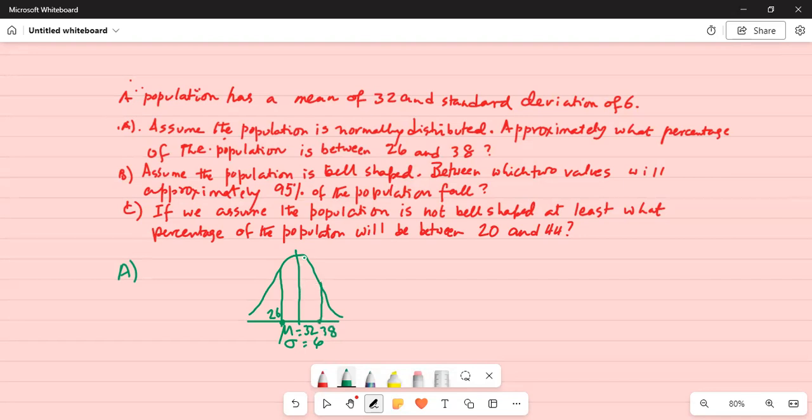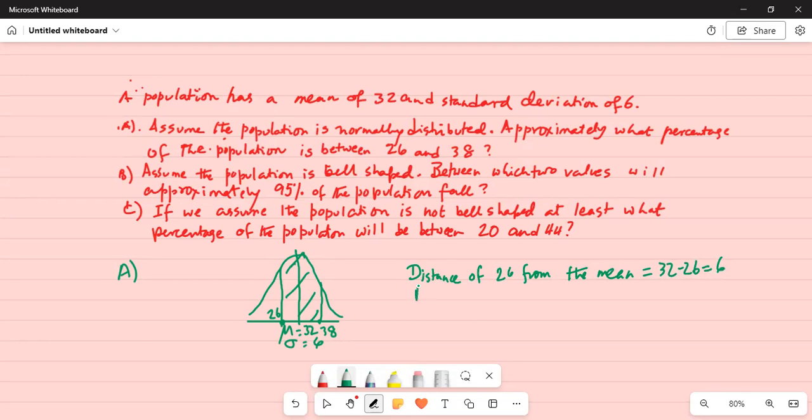So we have been asked approximately what percentage of the population will fall between 26 and 38. So the first thing we will do is find the distance of 26 from the mean, which is 32 minus 26, equal to 6.